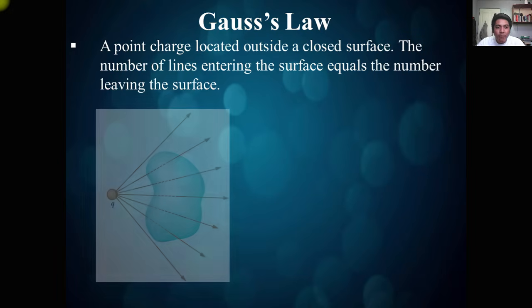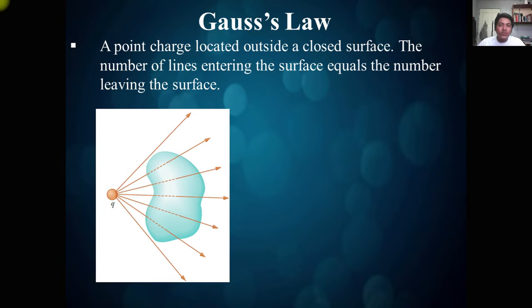For a point charge located outside the closed surface, the number of lines entering the surface equals the number of lines leaving the surface, of course. So, for example, here we have a charge producing an electric field, and its electric field passes through this closed surface. The number of field lines entering is equal to the number of field lines leaving the surface.